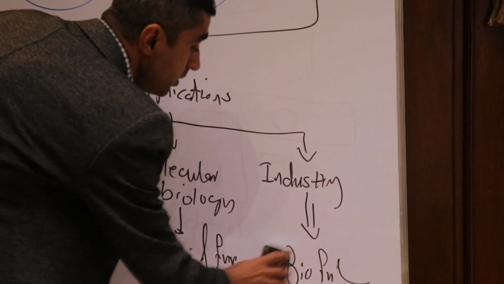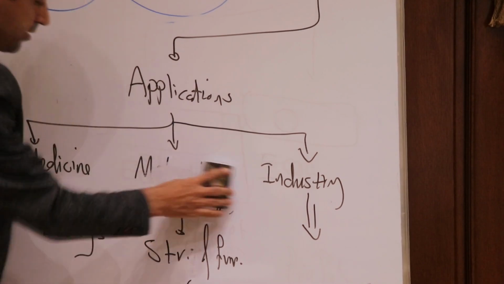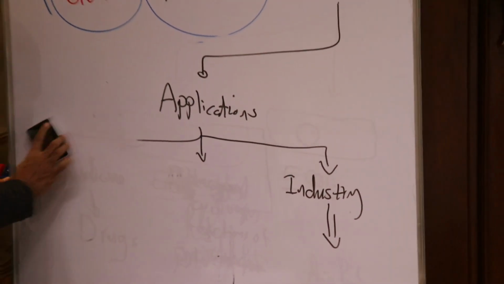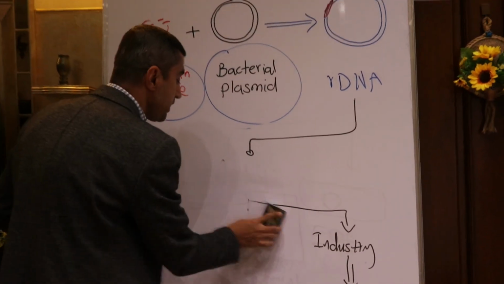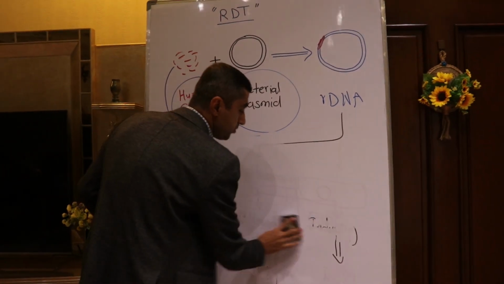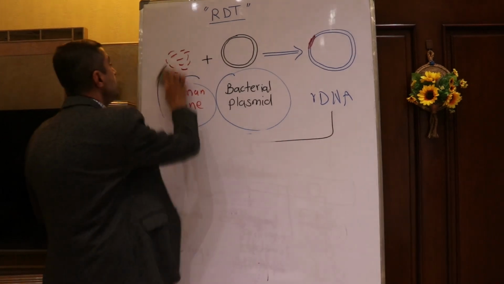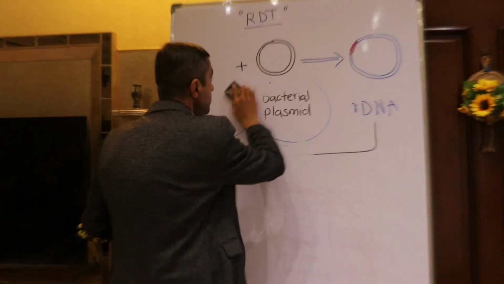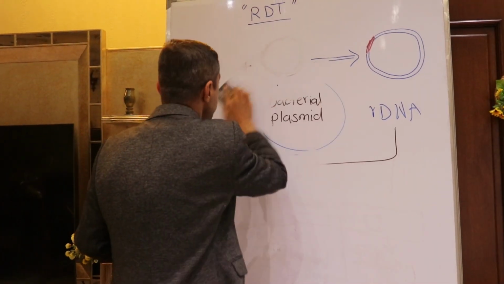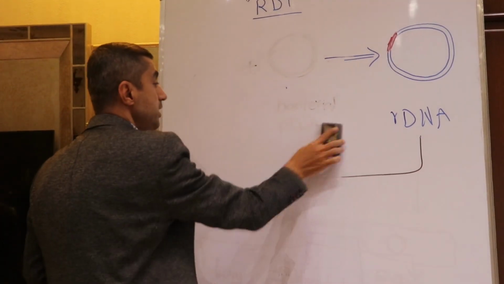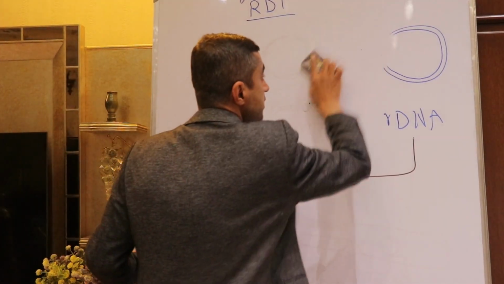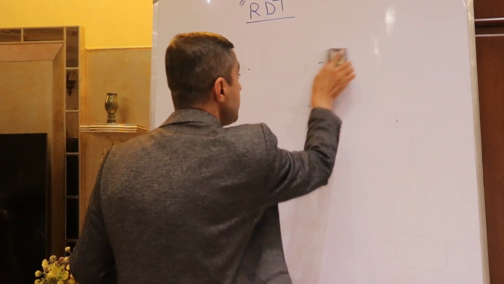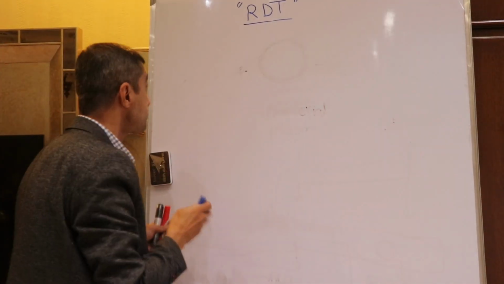Now, the most important thing in recombinant DNA is cloning. Let's see what cloning is and what the requirements of cloning are. So recombinant DNA means producing a new product through creating a new DNA.